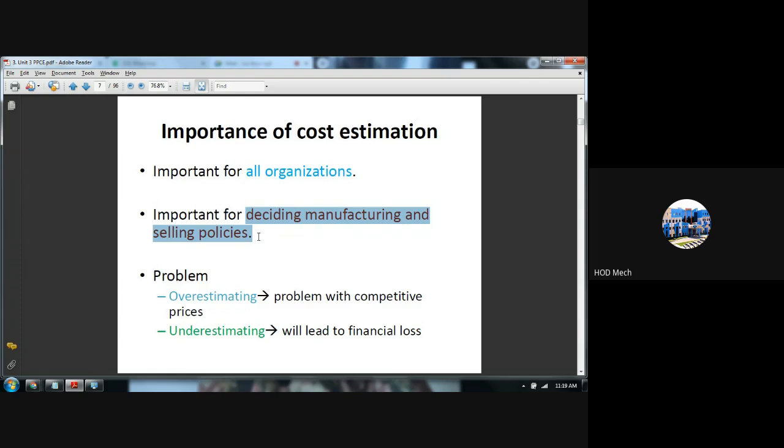Say for example, his 1 horsepower motor is coming to the market including profit at a price tag of 3,000 rupees. And in the market, another company's product, same specification, same horsepower is available at 2,500 rupees. அப்போ இவரோட product விக்குமா? விக்காது.